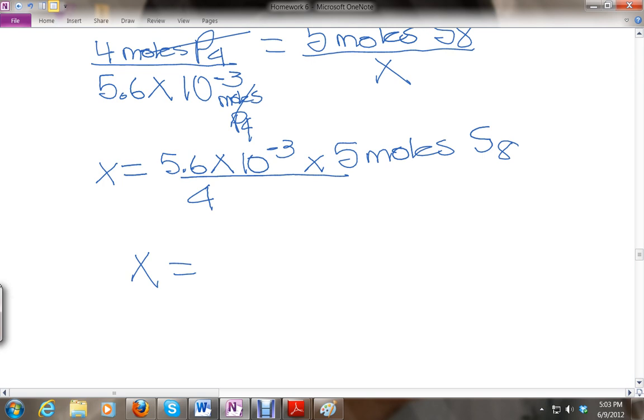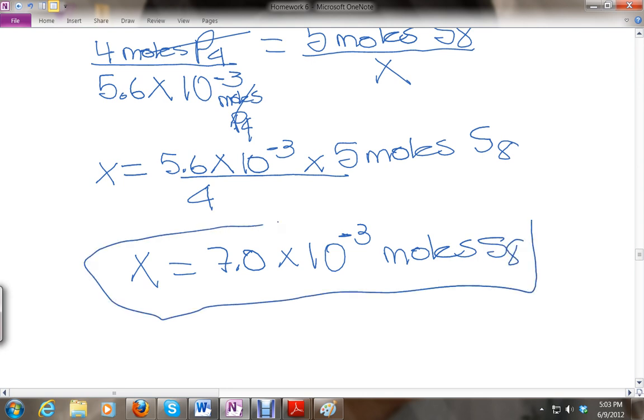I think it's minus 3. 7.0 by 10 to the minus 3, but let me double check. It would be 5.6 multiplied by 5 divided by 4. Yes, it's 7.0 by 10 to the negative 3.